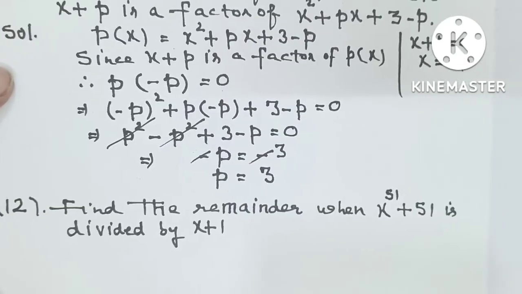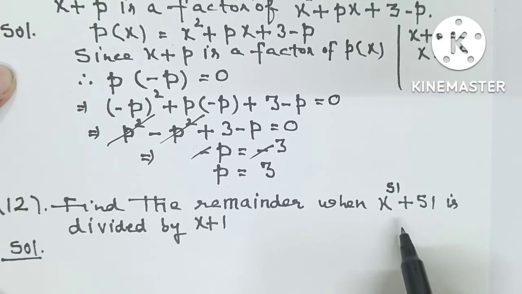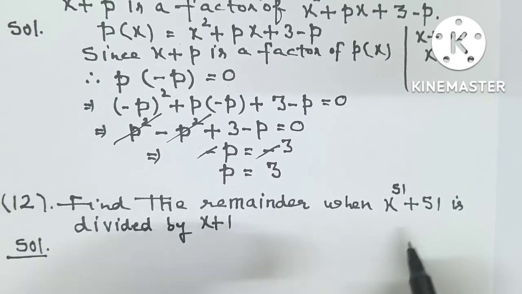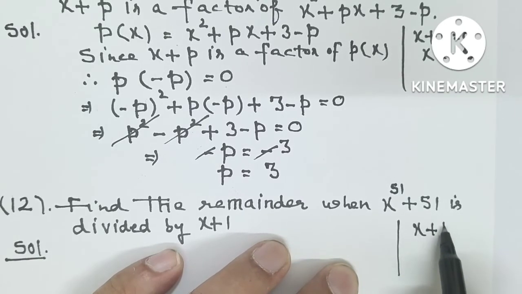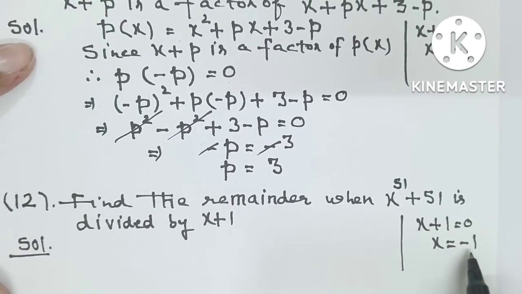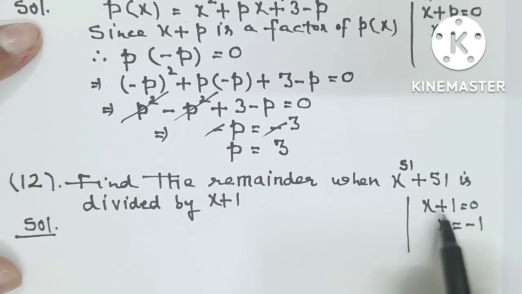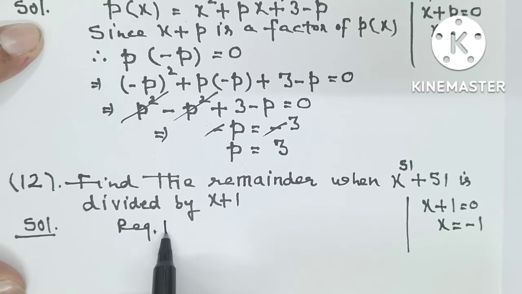Now the next question is 12th. Find the remainder when x power 51 plus 51 is divided by x plus 1. So you can equate x plus 1 to 0. X will be equal to minus 1. So we can say minus 1 is the 0 of x plus 1. So required remainder will be what?